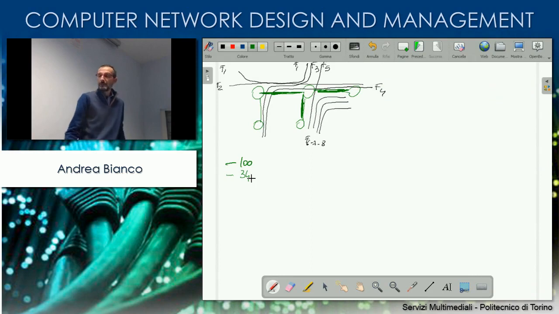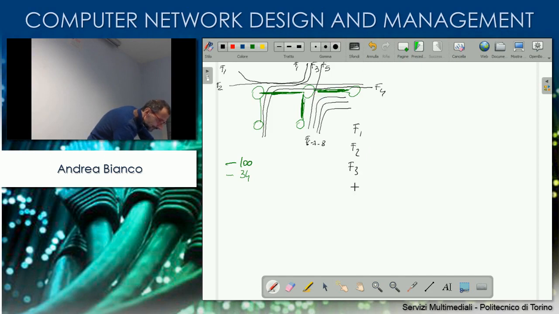So this is the scenario. Now what we have to do? Well, we have to assign the rate to all of the flows. So flow 1, flow 2, flow 3, flow 4, flow 5, flow 6, flow 7, and flow 8.